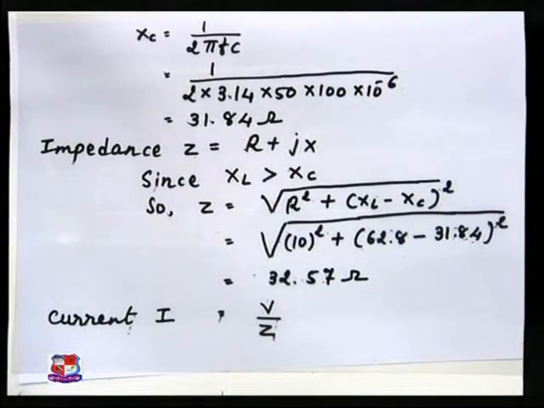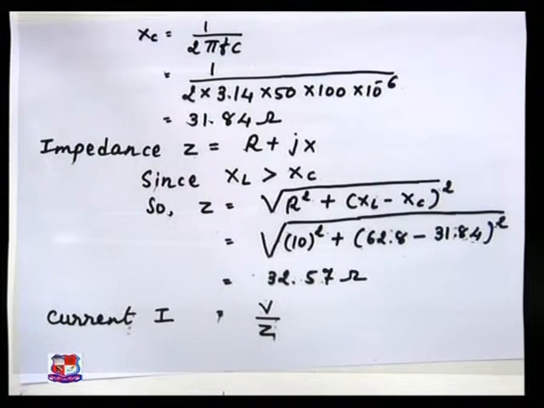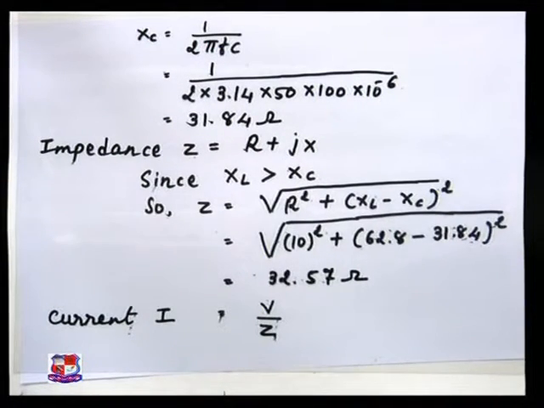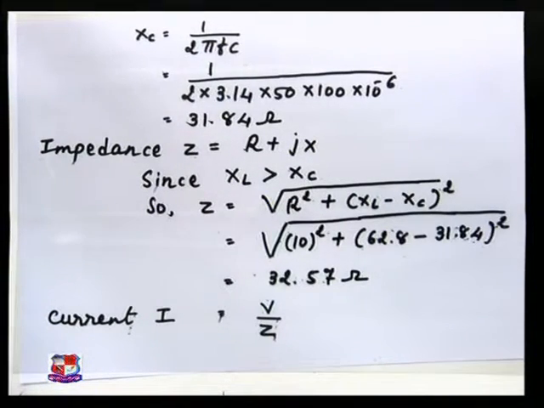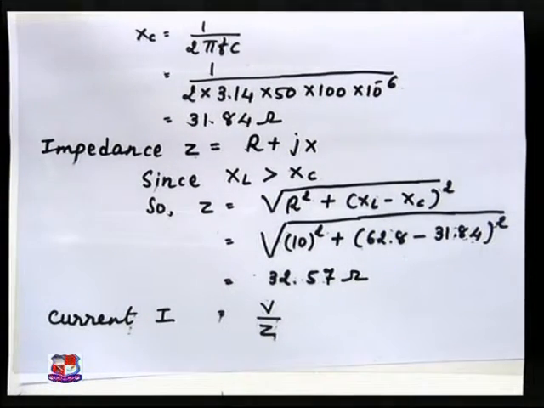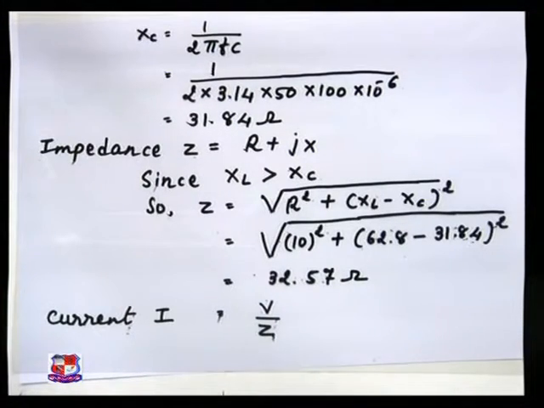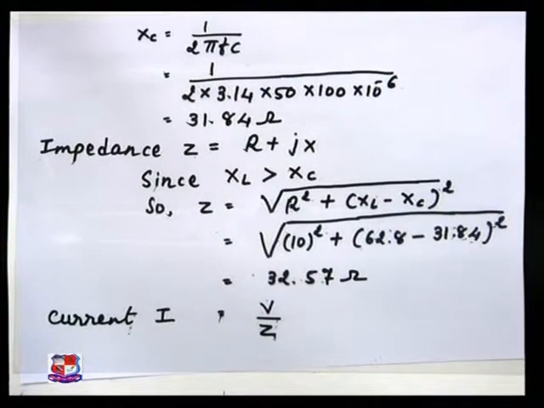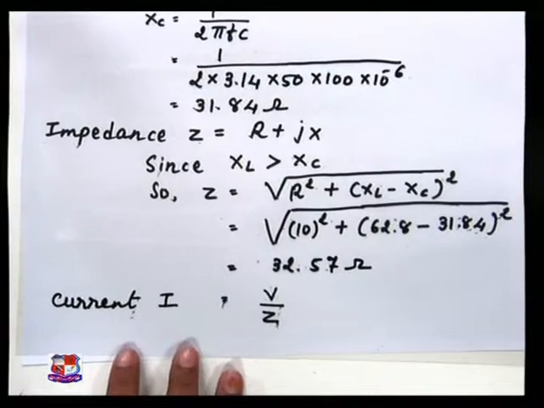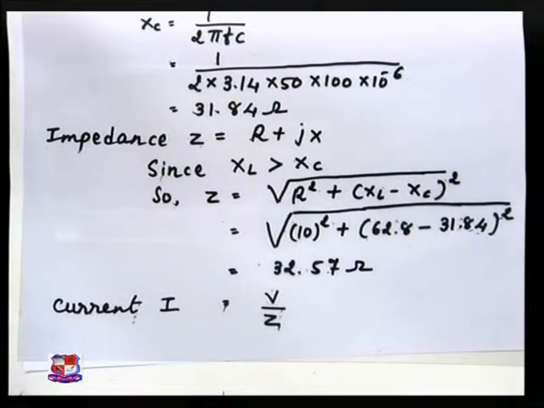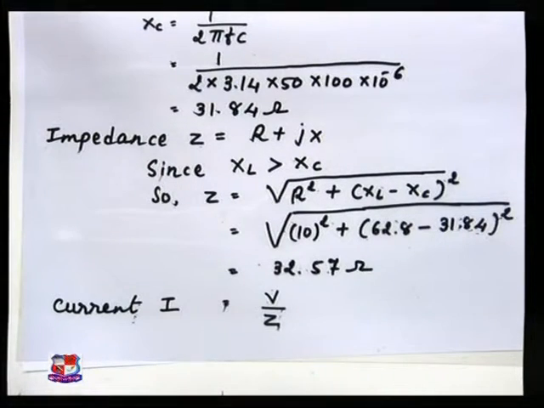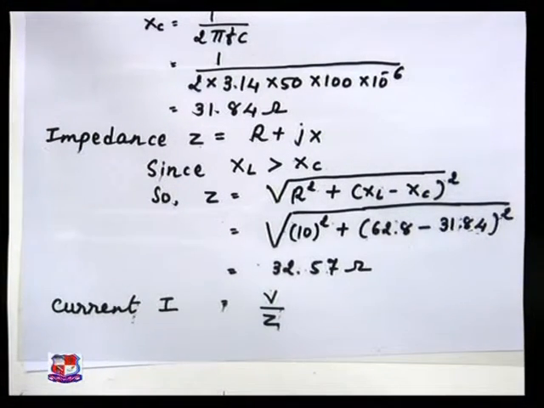Put the values, so it is equal to under root of 10 square plus 62.8 minus 31.84 whole square. So your final answer for impedance is 32.57 ohm. Now equation of current I is equal to V divided by Z. Value of Z is already found.